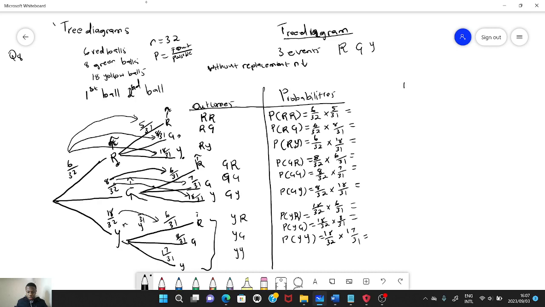The first probability is 30 over 992, which is 15 over 496. The second one still remains 6 over 32. Now we multiply by 8 over 31. Now we have 3 over 62, right?